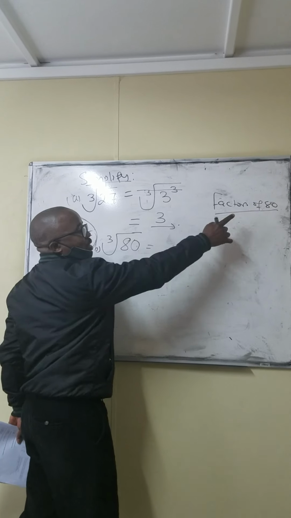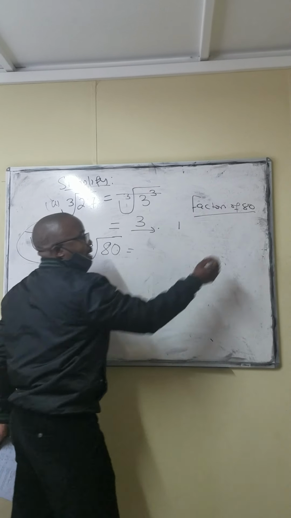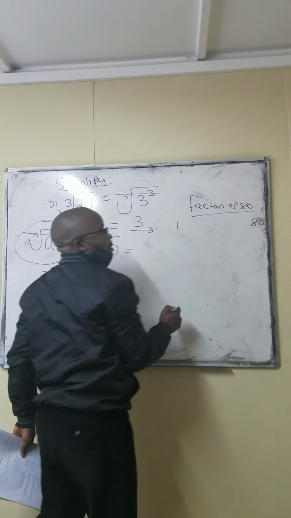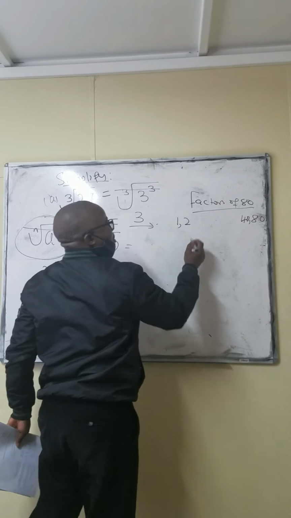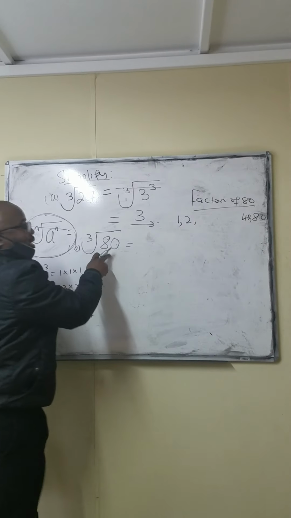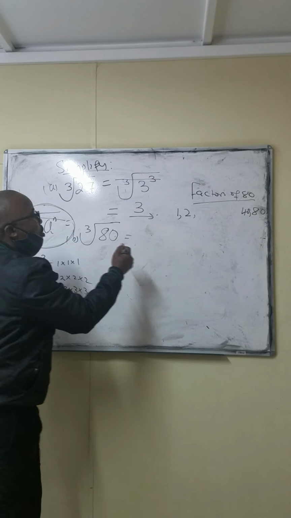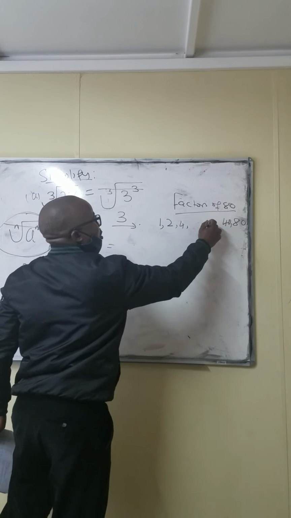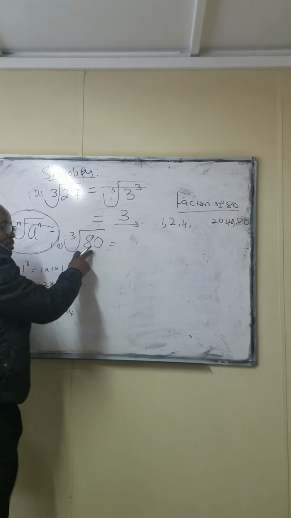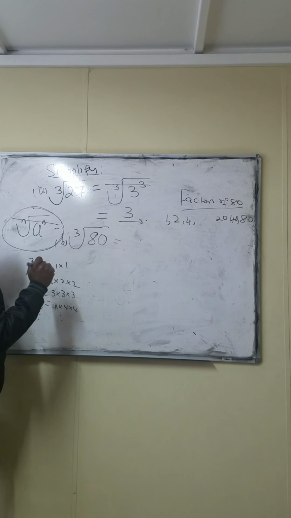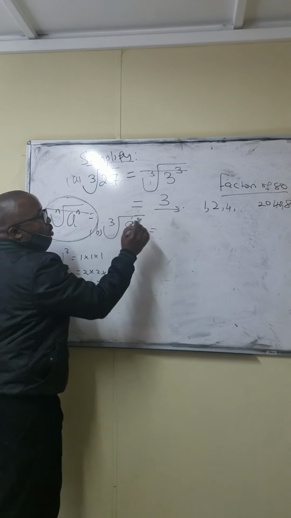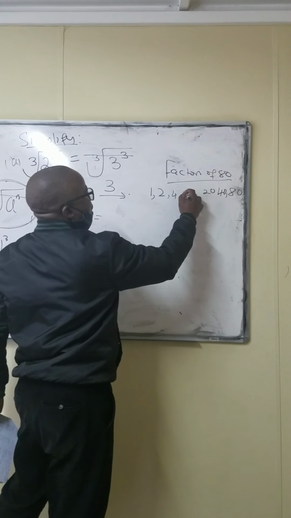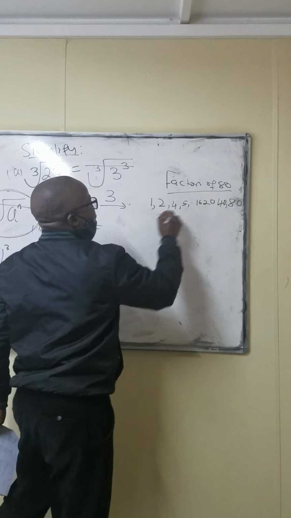So factors of 80: 1 goes how many times? 80 times. 2 goes how many times? 40 times. 3 leaves a remainder. 4 goes how many times? 20 times. 5 into this one goes 1, remainder 3. So 5 into this, it goes 16 times.